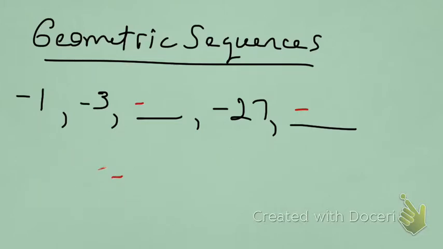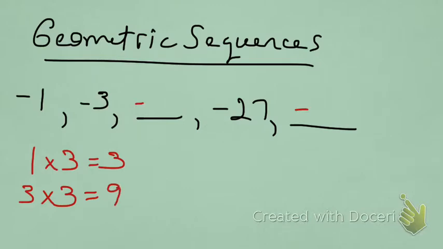Another way to get to larger numbers, if I don't think about the negative, would be multiplication. To get from 1 to 3, I would multiply by 3. If I take that result 3 and multiply it by 3, that would give me 9. That 9 times 3 would make 27.